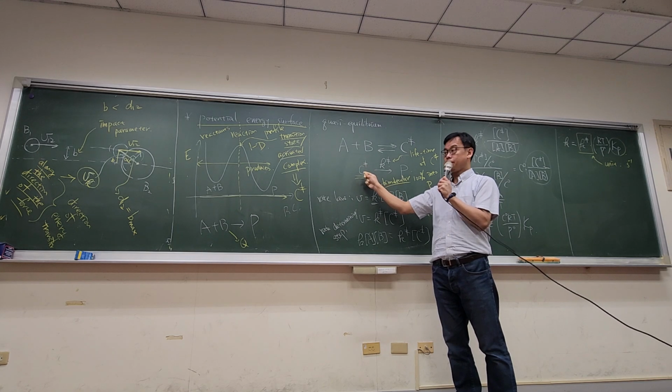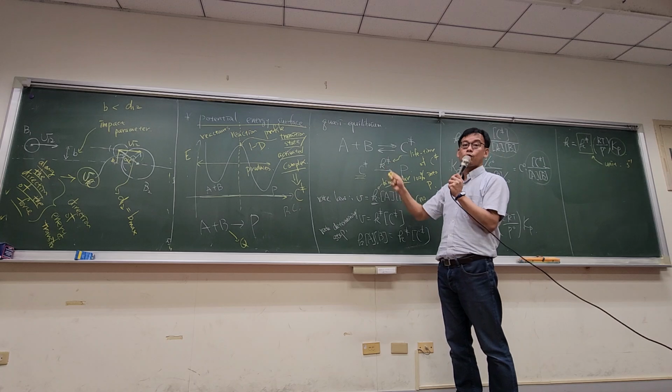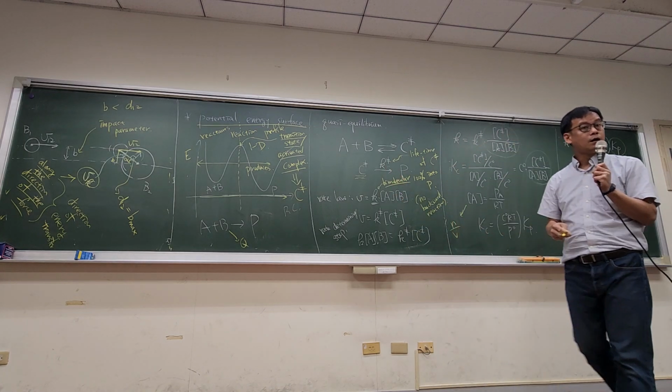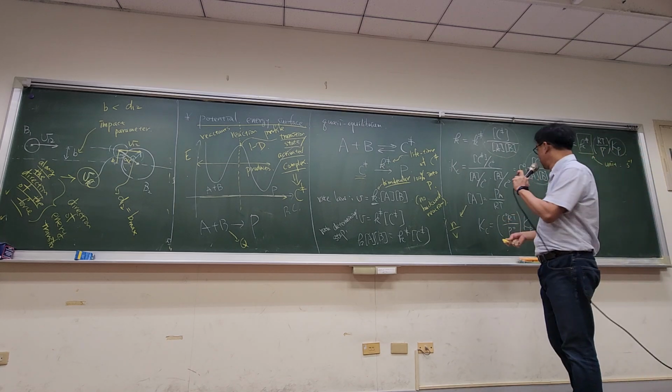Concentration divided by time is the rate. So this rate constant has inverse time unit. Okay? So it will be a frequency that has to do with the motion of the changing state.